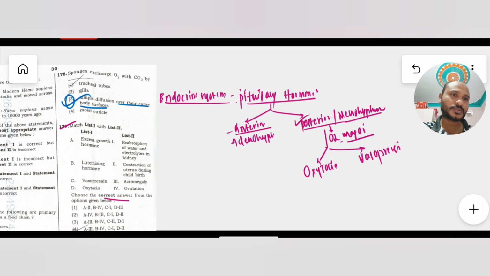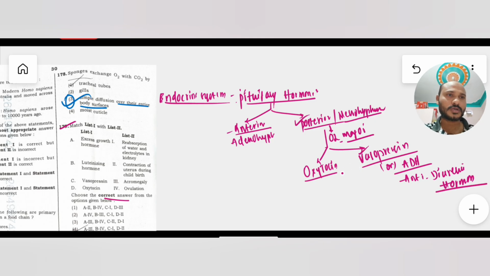Both oxytocin and vasopressin are secreted from the posterior part of the pituitary gland. The vasopressin hormone is also called ADH. ADH means anti-diuretic hormone, also known as vasopressin. So these two hormones are secreted from the posterior pituitary gland.